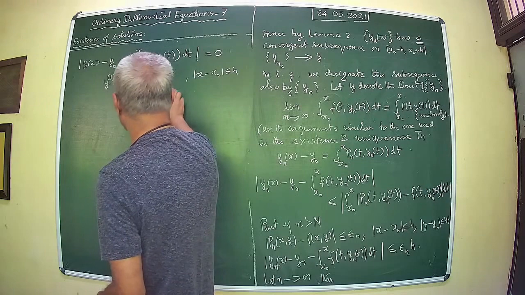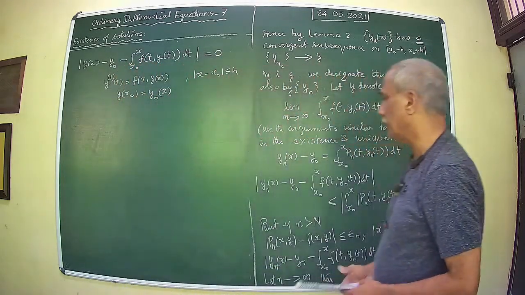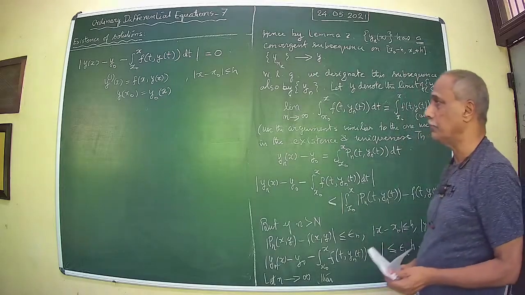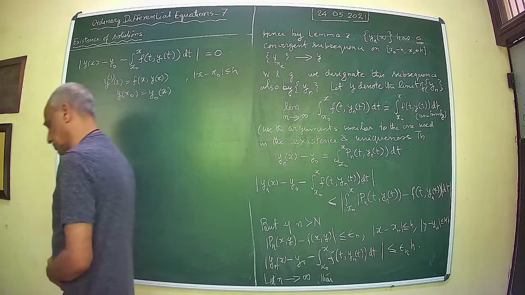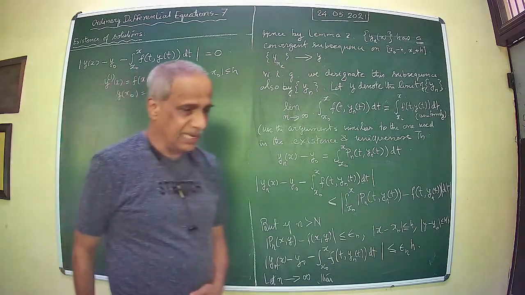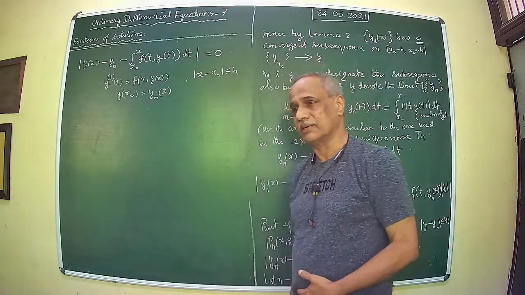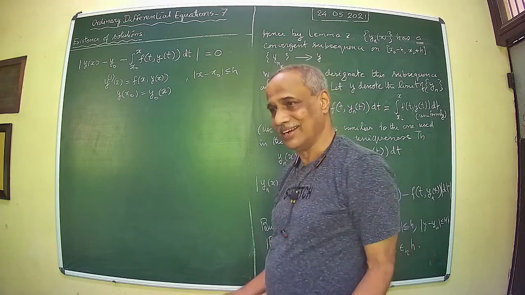So the limit of the convergent subsequence will be a solution of the initial value problem. What one cannot guarantee is that there is only one such subsequence which converges. So this is built into the theory.